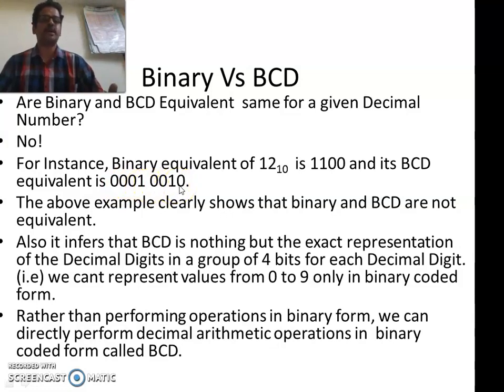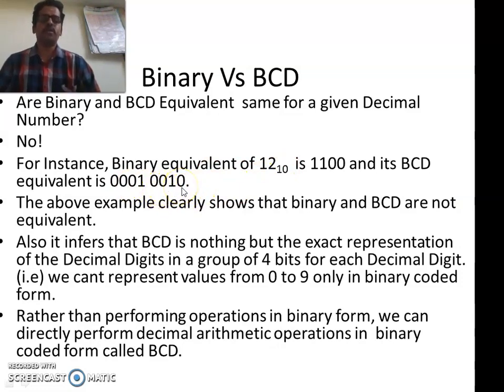This itself tells that the binary equivalent and BCD equivalent of a given decimal number are not at all same. And one more inference from this example is any decimal number can be represented in BCD by a group of 4 bits for each decimal digit. Here for the decimal digit 1, its equivalent group of 4 bits is 0001. For decimal digit 2, its equivalent group of 4 bits is 0010.